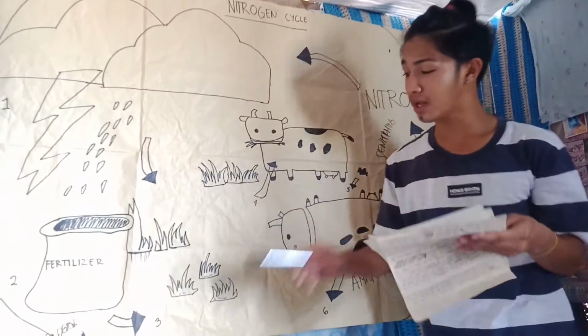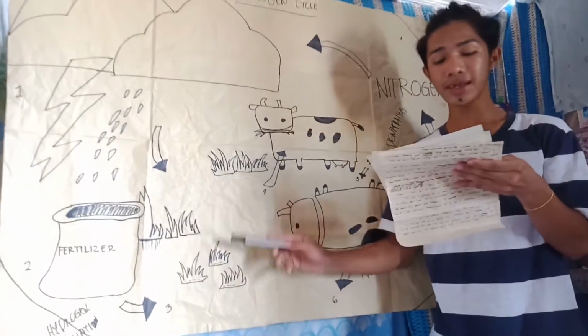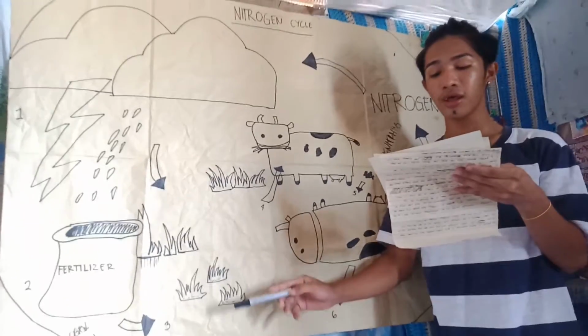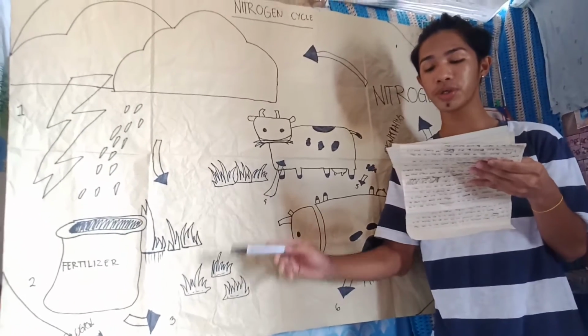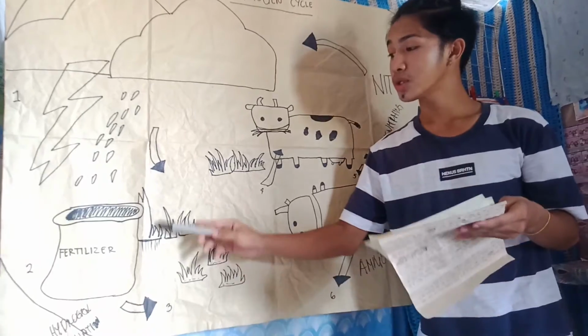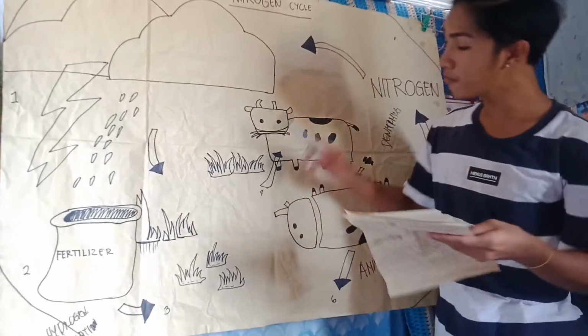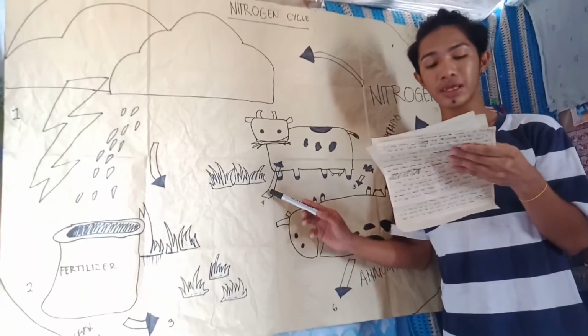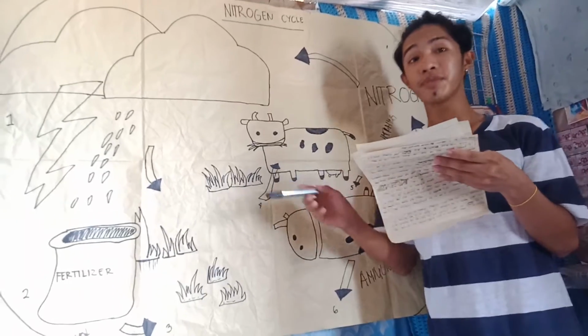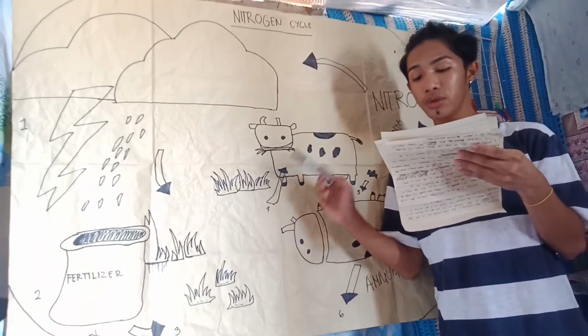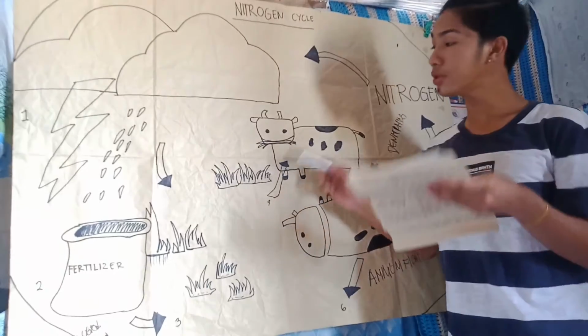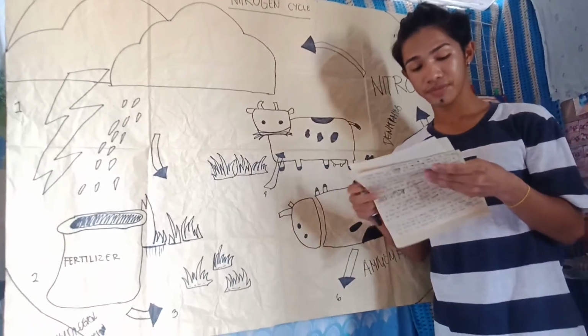The next step is step 3. Plants build up proteins and DNA using usable nitrogen absorbed from the soil. And in step 4, when animals eat those plants that have nitrogen, they use it to build animal protein and DNA.